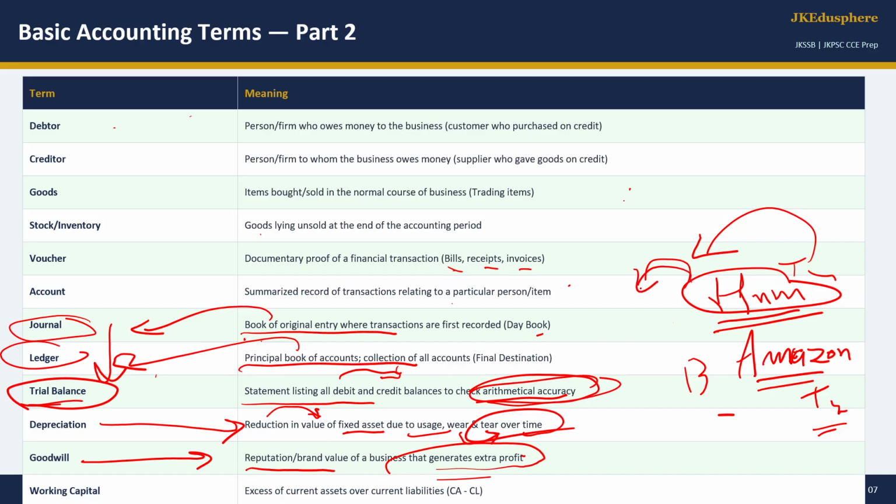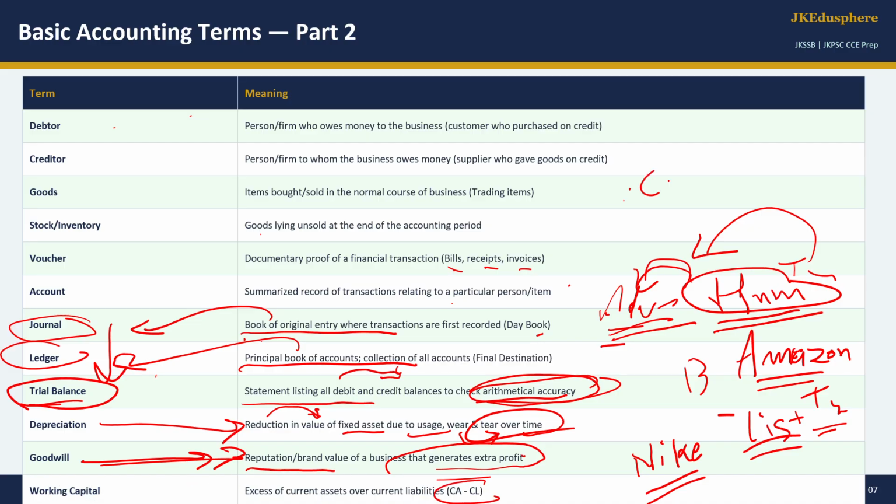H&M, right? Because they have invested a lot in advertising their t-shirts, whereas Amazon lists various other brands as well, various low cost brands as well. So H&M or Nike have a brand value that is called goodwill.